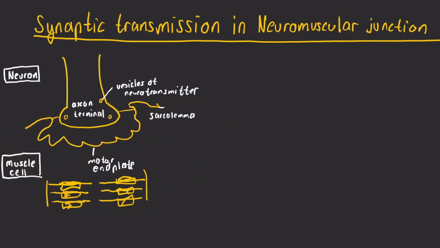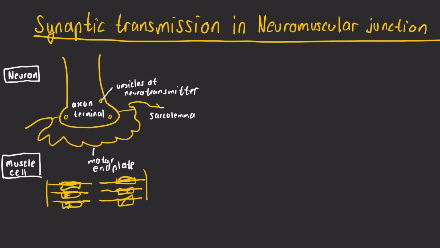So there are a series of steps which allows signals to basically be carried out onto these muscle cells and allowing the neuron to control them. So the steps which follow are very similar to those at the junction between neurons. Instead, this would be on muscles.